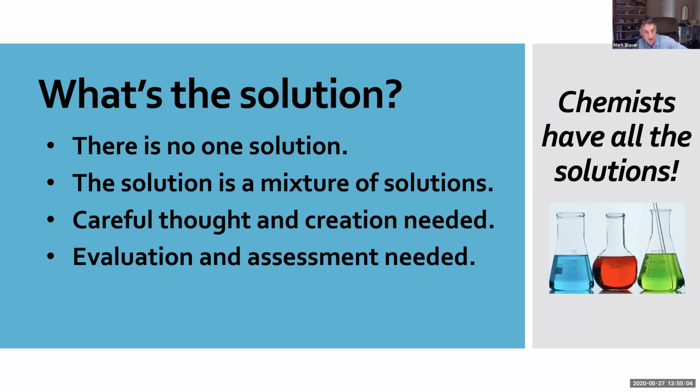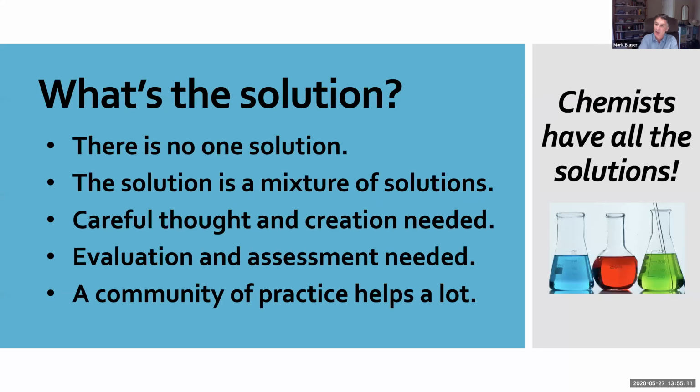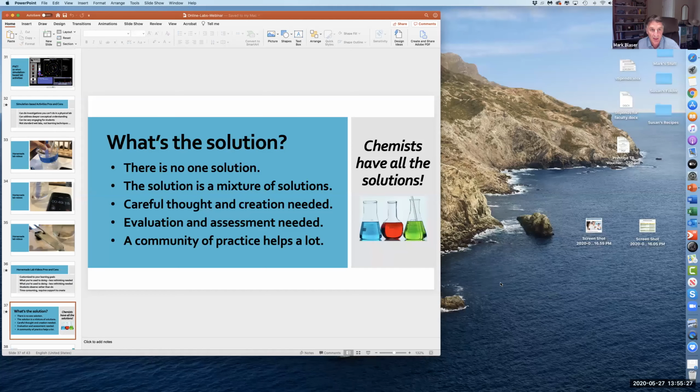And I think we certainly need to evaluate and assess how well these things work in terms of student learning. And boy, sharing the load with some other instructors would help a lot. And that's probably the main reason I'm participating in this, is not because I've got tons of answers, but because I would sure like to work with other people on solutions. And that is it for me.